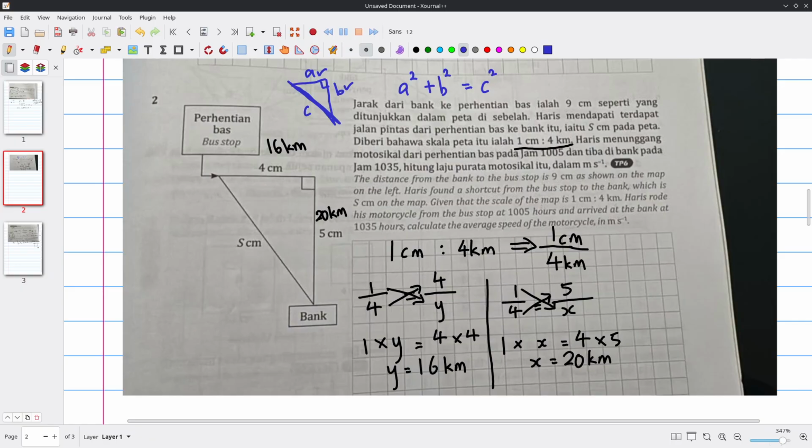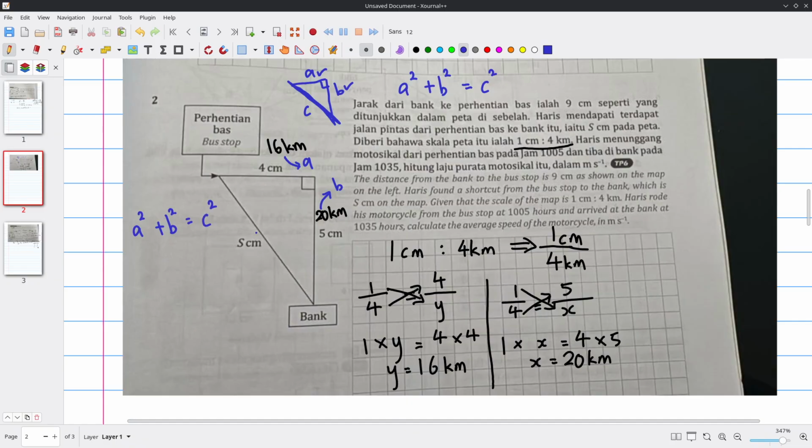Alright, so kalau cikgu kira di sini, teacher boleh assume 16 ni sebagai cikgu punya A dulu. Cikgu boleh letak ini sebagai cikgu punya B dulu. Jadi sampai di sini, ini pengiraan lain. Jadi A square tambah B square sama dengan C square.